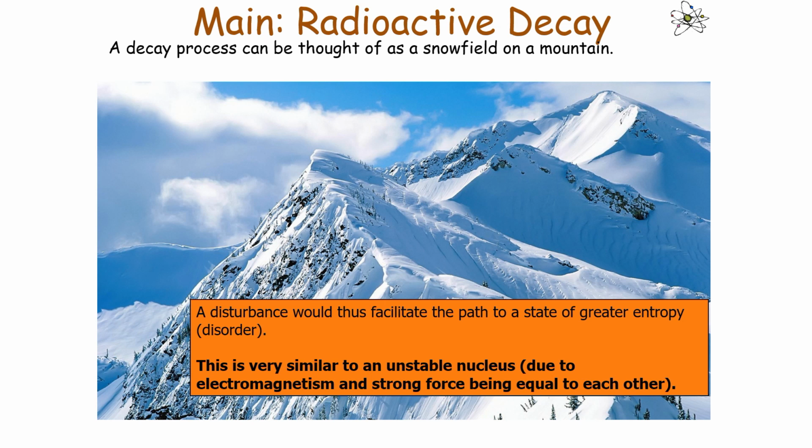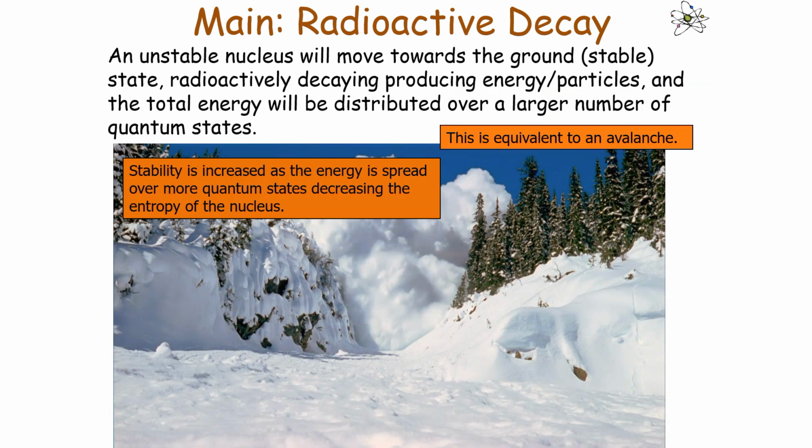And again, this is very, very similar to an unstable nucleus, which is unstable because the electromagnetic and strong interactions are equal to each other. So an unstable nucleus will move towards the ground state, a stable state, and radioactively decay products such as energy or particles, and the total energy will be distributed over a larger number of quantum states.